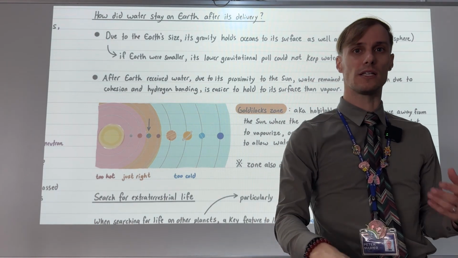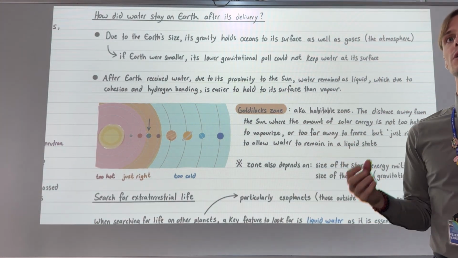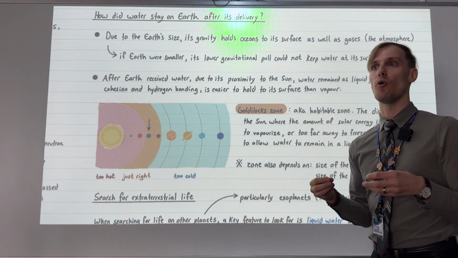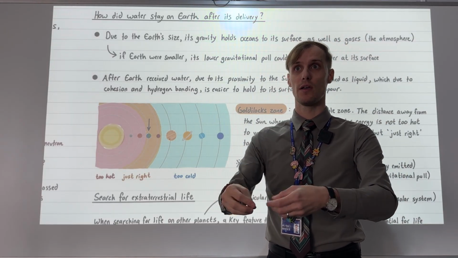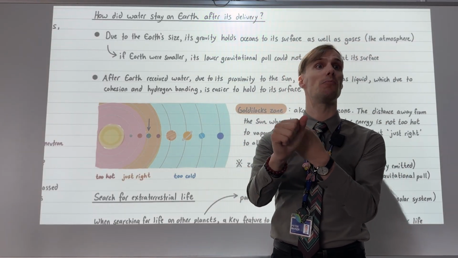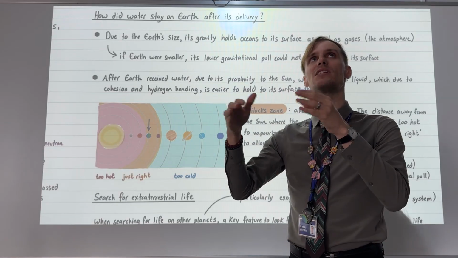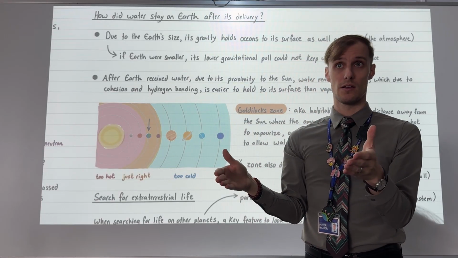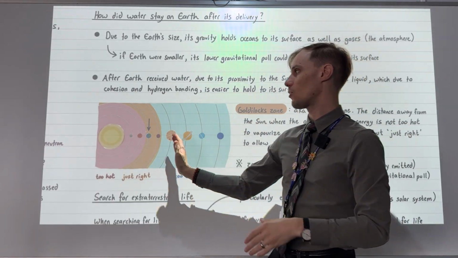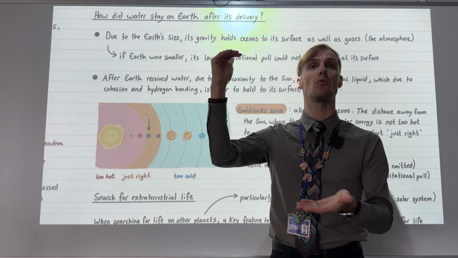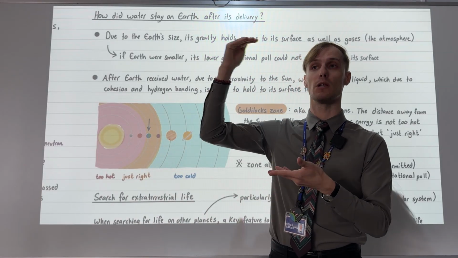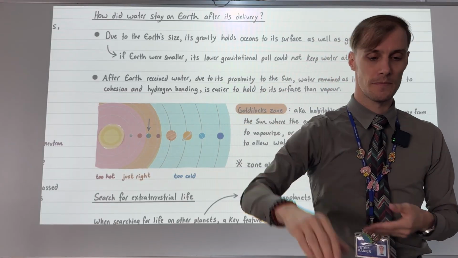So taken all together, when we look for the Goldilocks zone, we're really looking for, can this planet support liquid water? Does it have a sufficient gravitational pull to actually hold on to it? Is its proximity to its star such that liquid water is possible, meaning that the temperatures are within liquid water's range, so above 0, below 100 degrees Celsius.